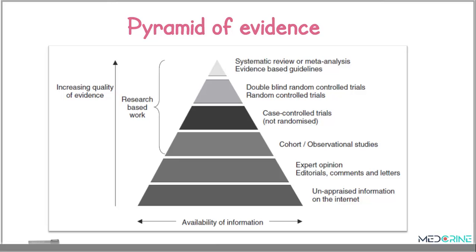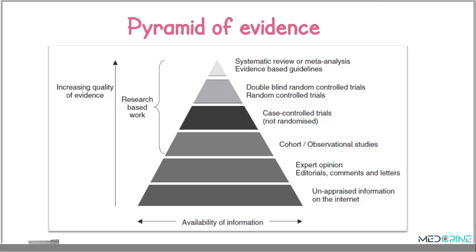We have what we call a pyramid of evidence, highlighting what quality of evidence you need to acquire. For example, using this pyramid, a source of information like Wikipedia lies at the lowest level of the unappraised information of the internet, followed by expert opinion in editorials, comments, and letters.